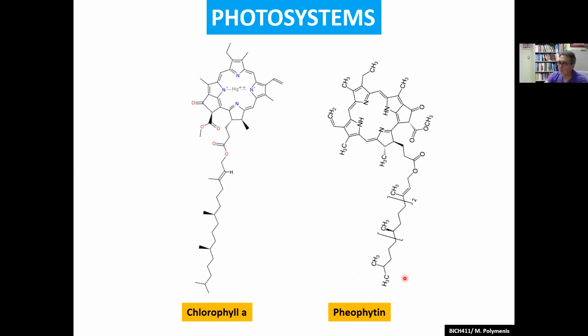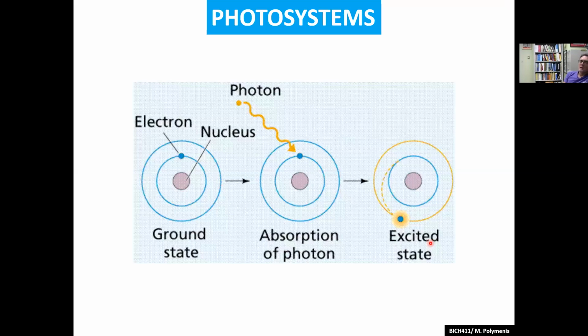There is pheophytin. Again, there is a chlorine ring and all the side chains, but they're all these photosensitive compounds that plants have. So what happens when, let's say, light hits an electron? The electron is spinning around the nucleus, perfectly happy there, and then it gets hit by a bolt of light. Then the energy is going to go higher on that electron. It's going to be at an excited state.